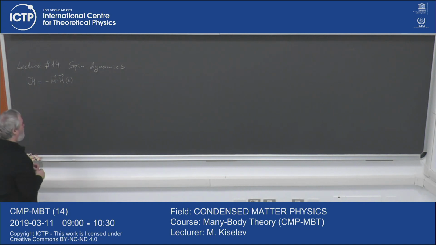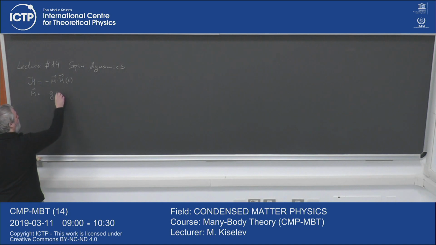So from the very beginning I will start with the quantum problem. We said that magnetization is connected to the total momentum. Without losing any generality, I will assume that we have just spin, we don't have orbital momentum. Otherwise, everything I am going to say now should be translated into the language of total momentum.